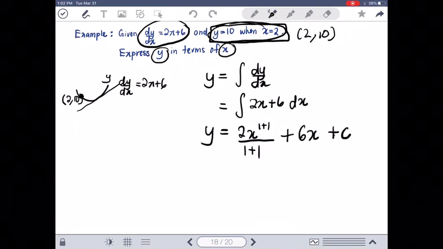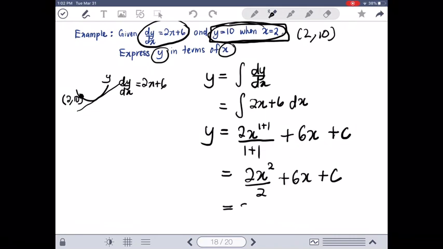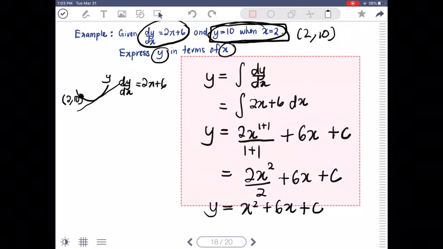That is y. Simplify everything, we will get 2x to the power of 2 over 2 plus 6x plus c. Therefore, we get x squared plus 6x plus c for the equation of y.